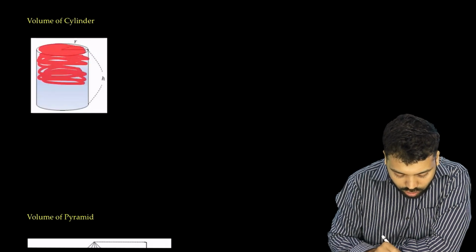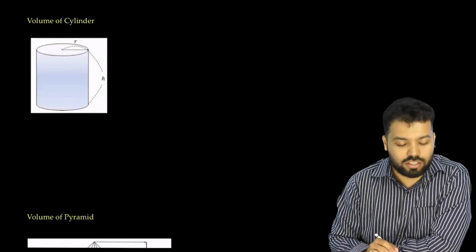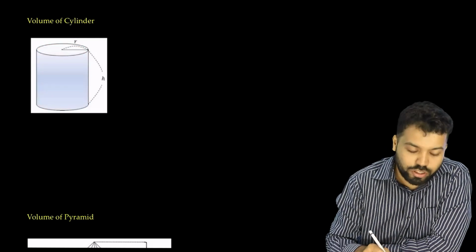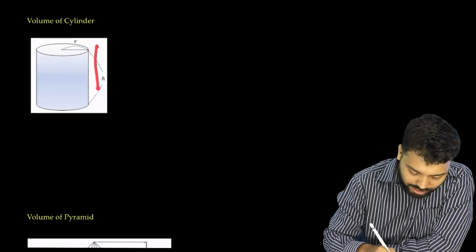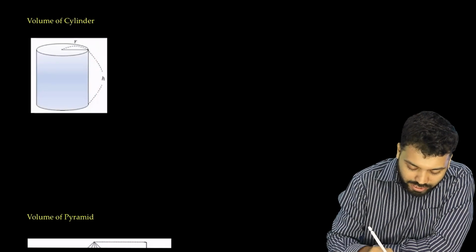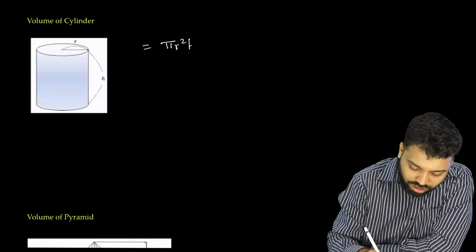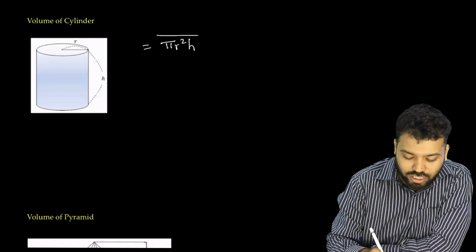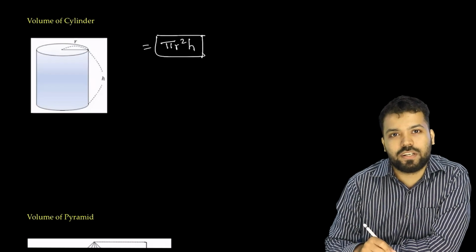Pi r square, pi r square, pi r square. How many times we do, we do not know. But what is this height? This height is h. So in a vague manner, we can say that we are stacking pi r square for h height. So that is the reason volume of the cylinder is pi r square h.